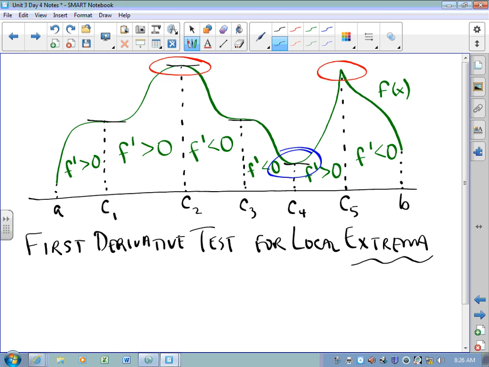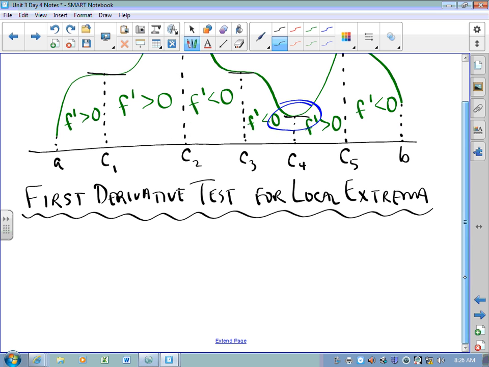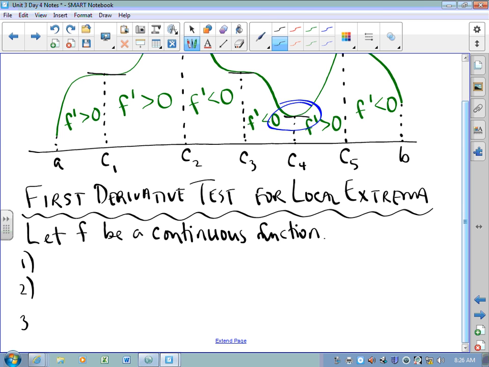This is something that we must know and must know well. The test says something like, let f be a continuous function. There are 3 parts to the test.